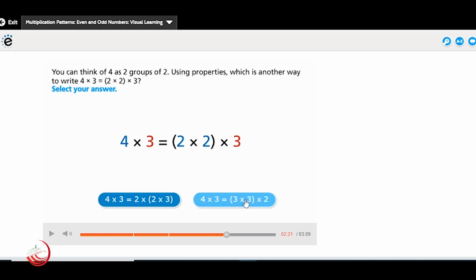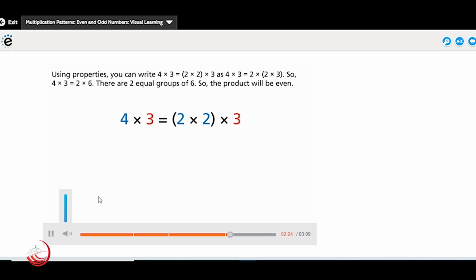3 times 3? Where is it here? There is no 3 times 3 here. But 2 times 2 is the same as this one, because this is the associative property of multiplication. Let's click on it. Yes, I got a tick.